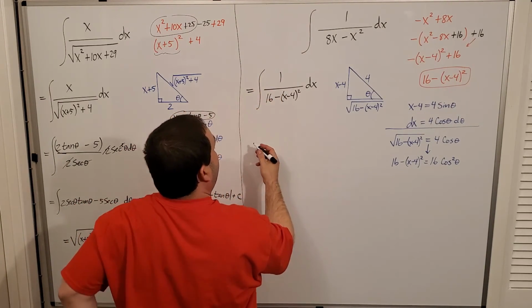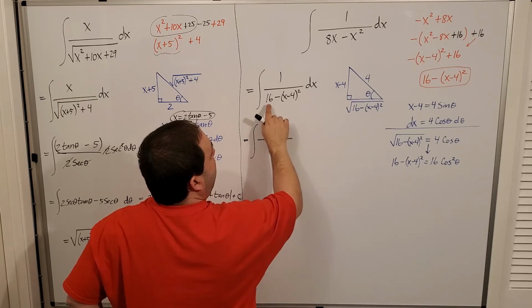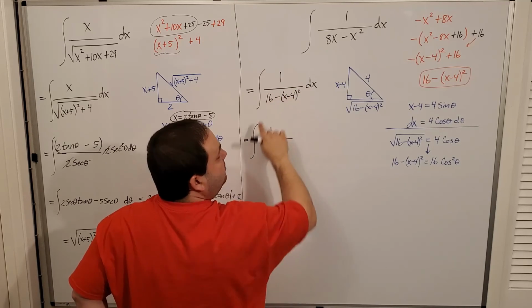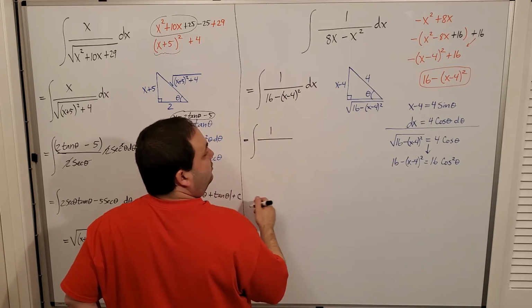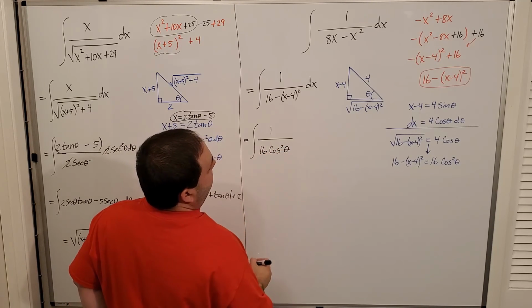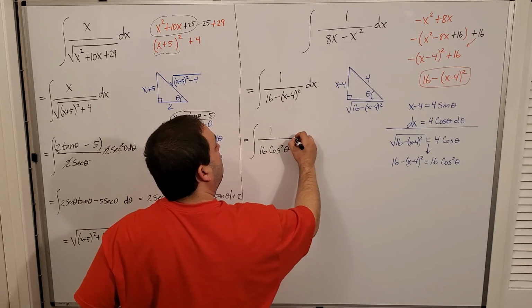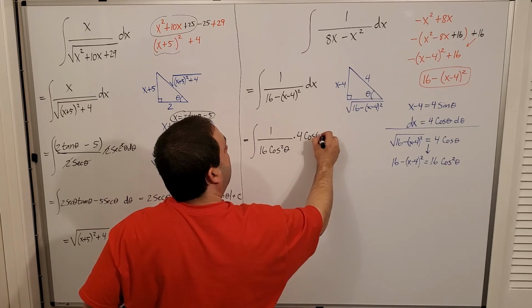I have my integral. 1 is still on top. The 16 minus (x minus 4) squared is equal to 16 times cosine squared theta. dx is equal to 4 cosine theta d theta.